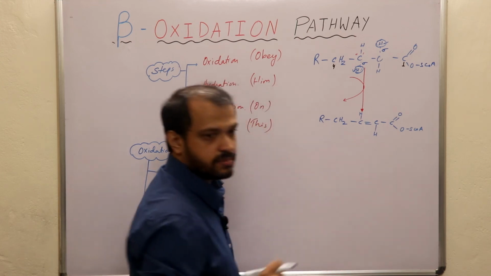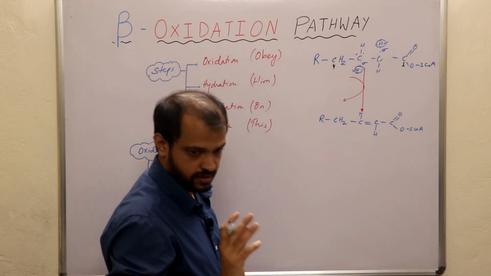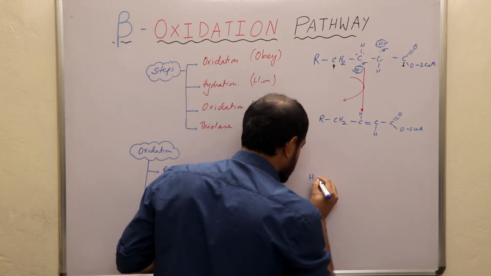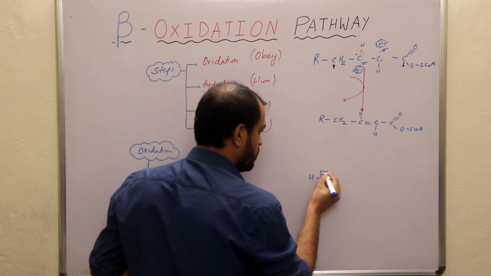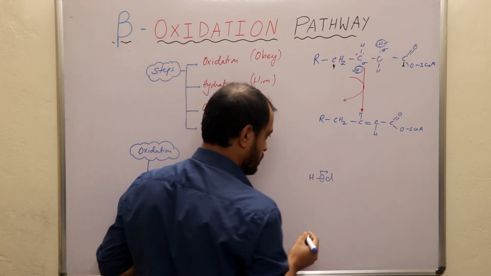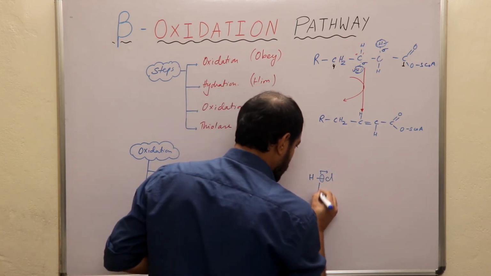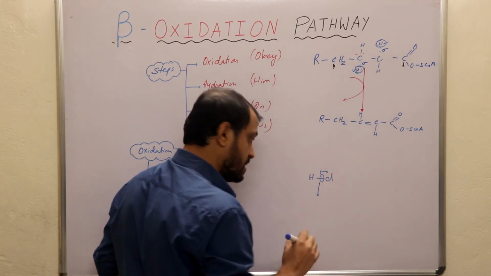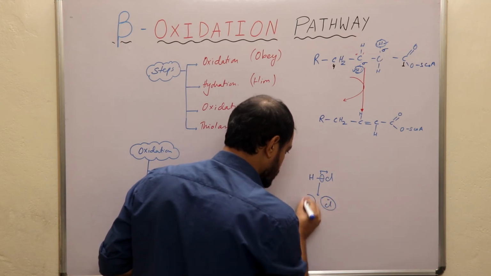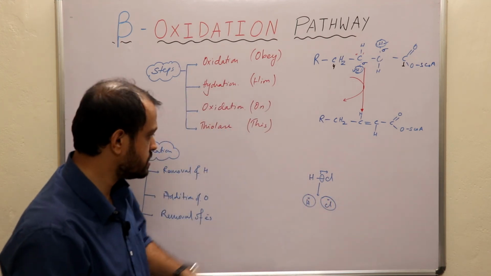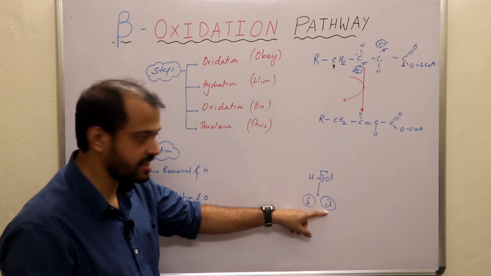These are low energy sigma bonds. Why? Listen. You know what a high energy sigma bond is? Suppose this is a polar covalent bond. Now listen. If I apply an enzyme and apply energy, and this becomes H dot and Cl dot, what is this? Free radicals.